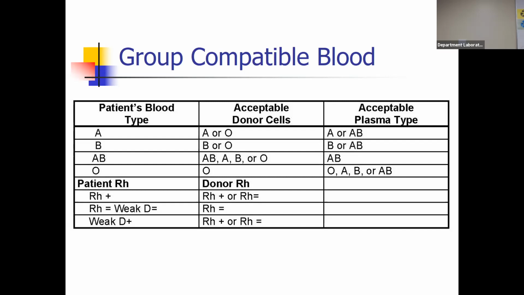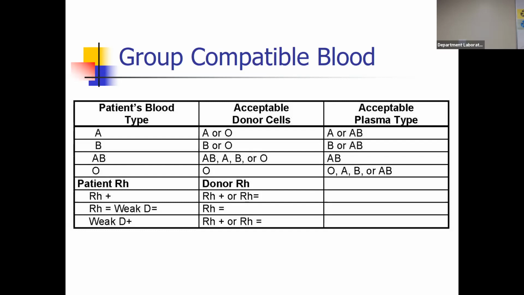Never, ever, ever, I can't say this enough, give a female within childbearing age, if she's Rh negative, Rh positive cells. And then if your patient is weak D positive, they are classified as Rh positive. They can safely receive Rh positive donor units and Rh negative. Okay. For plasma, plasma is the opposite.